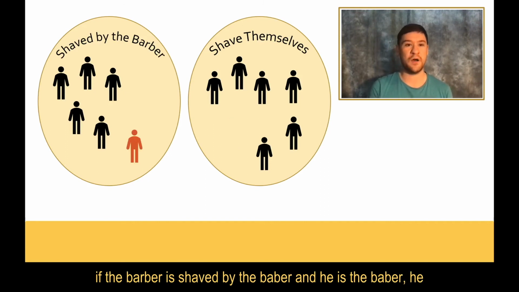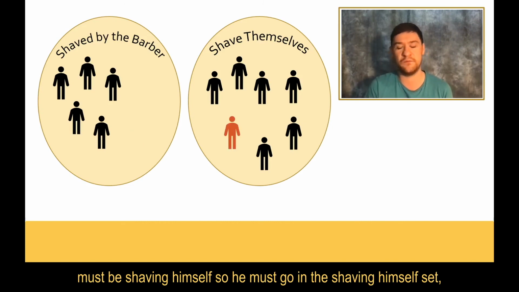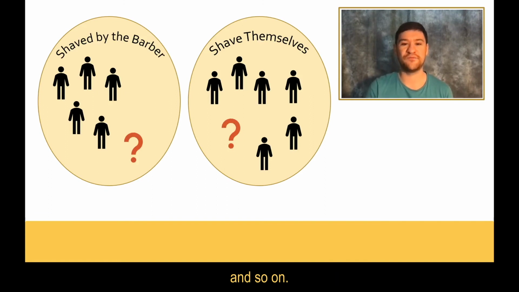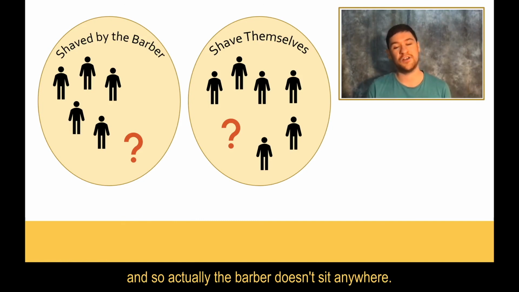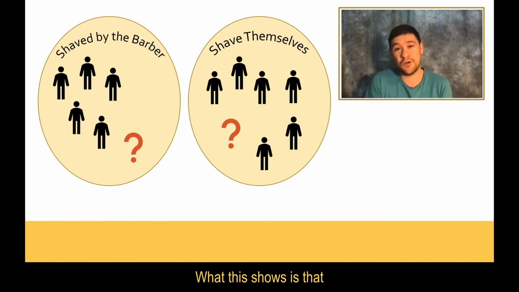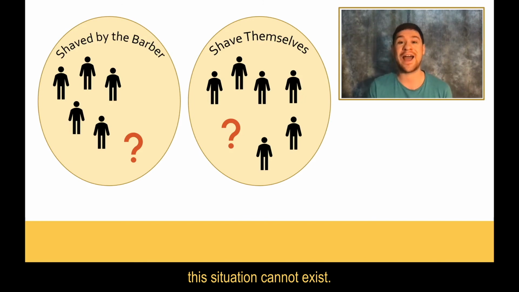But again, if the barber is shaved by the barber and he is the barber, he must be shaving himself. So he must go in the shave himself set. And so on. We don't know where the barber sits. And so actually the barber doesn't sit anywhere. What this shows is that this situation is a contradiction. This situation cannot exist.